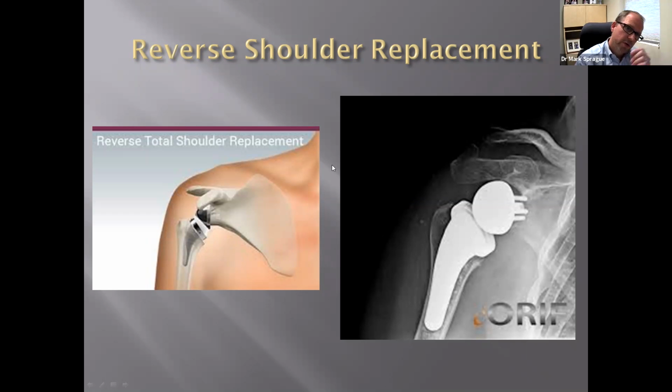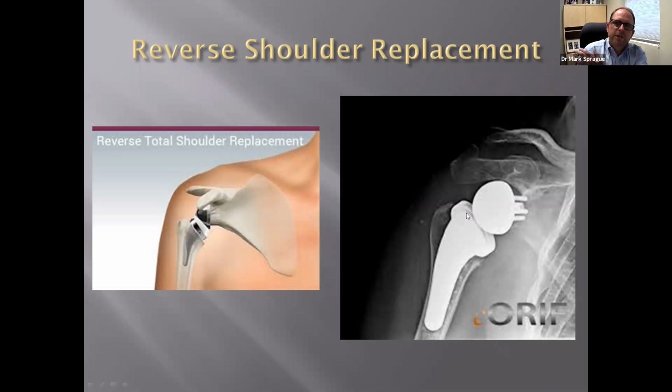Why do we do this? We do this for the people with advanced rotator cuff arthropathy. It's what we call a salvage procedure, meaning once we've gone down this road, there's not much else we can do for a shoulder. It changes the physics of the shoulder. It changes the center of rotation of the joint, and it takes the requirements of the rotator cuff away.